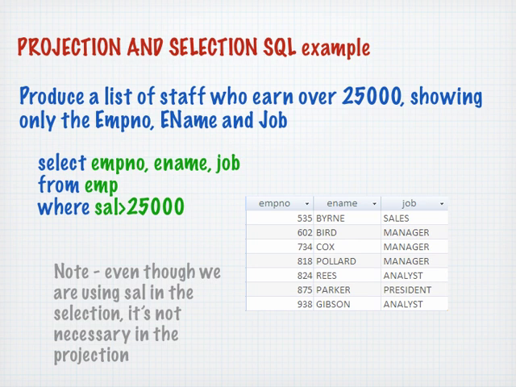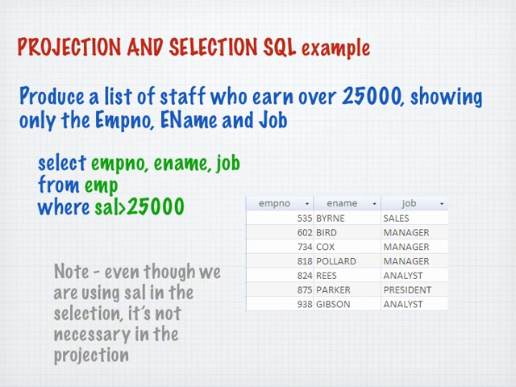So you can see that I don't have to include the salary column in the select clause. SQL will do that for you. It will run a complex evaluation tree inside the database. It will only find the values where the salary is greater than 25,000 and only show you the particular columns that you want to be displayed. That will just work. You don't have to worry about it.